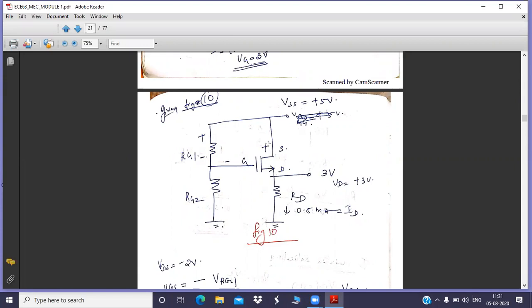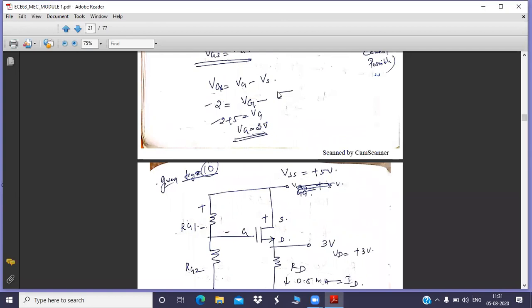Here this source I have connected to VSS, which means the source voltage is equal to VSS. So VS is equal to plus 5 volt. Understood? Here the source is directly shorted with VSS, so that plus 5 volt is coming to the source terminal.